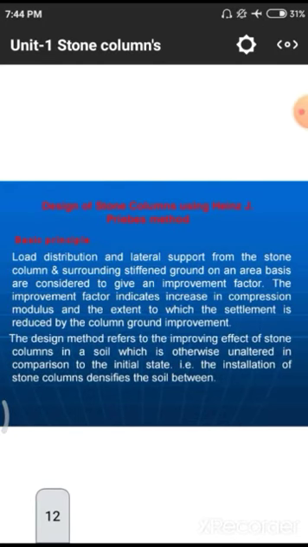What is the design principle for these stone columns? By using the Henry Pipes method, load distribution on the lateral support from the stone columns, surrounding stiffened ground and area basis are considered to give the importance factor. That means importance factors we need to give for each and every structure.